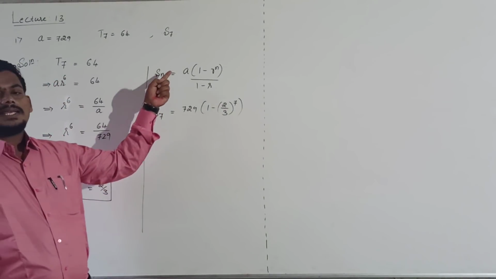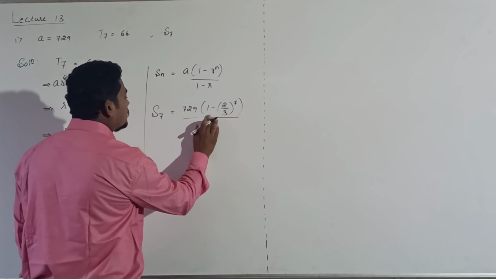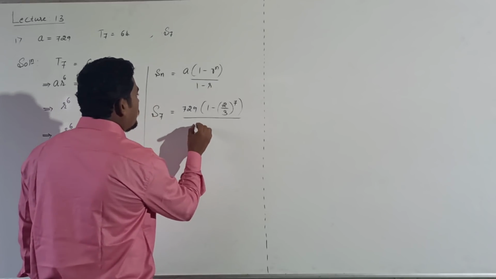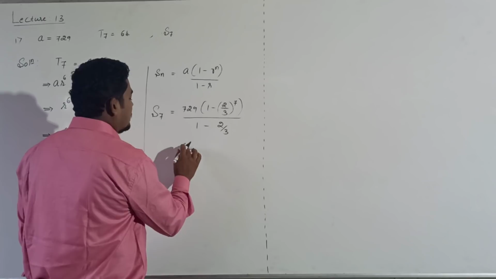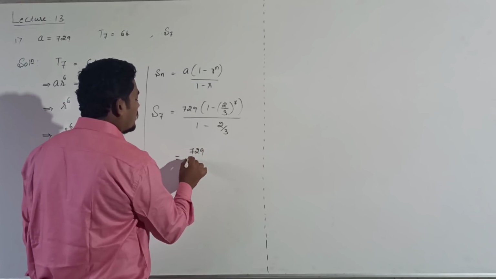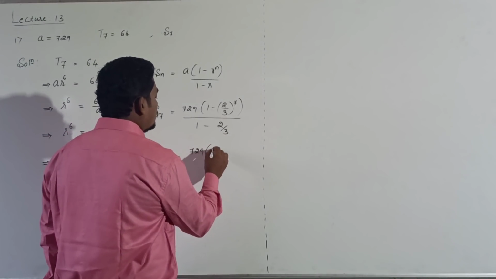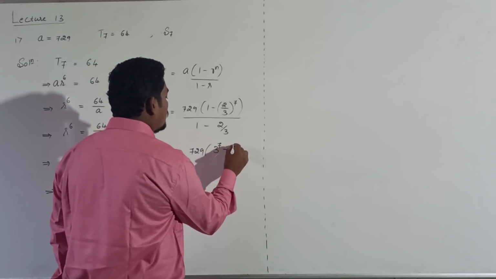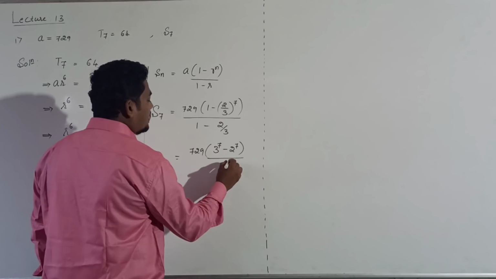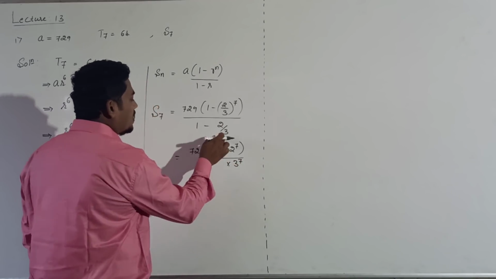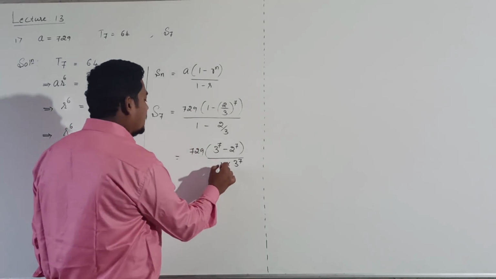Replace n value 7, a value 729, r value 2 by 3, divided by 1 minus 2 divided by 3, implies 729 divided by, or else write one more step, into 3 power 7 minus 2 power 7 divided by 3 power 7, into, after taking LCM, 3 minus 2 is 1, 1 by 3.